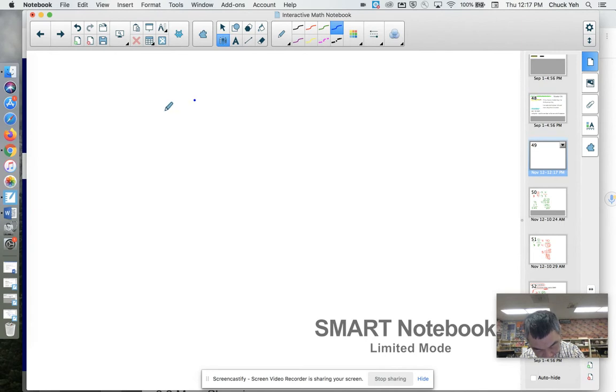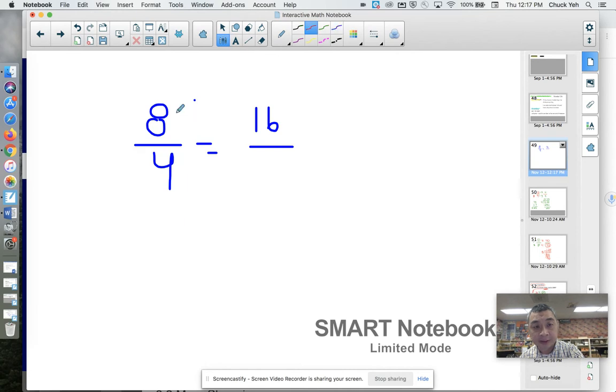If 8 of them cost $4, and we want to know how much 16 is, wouldn't we have to multiply this by 2? So 4 times 2 is what? So it costs $8. How much do 20 of them cost? Same thing.